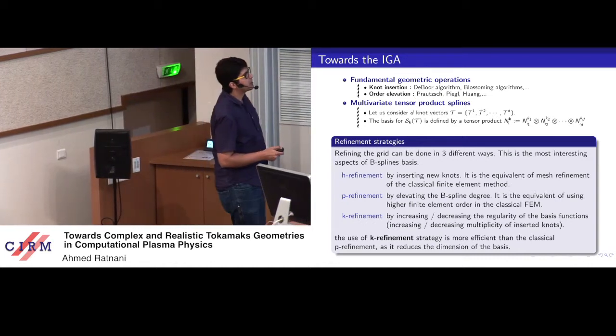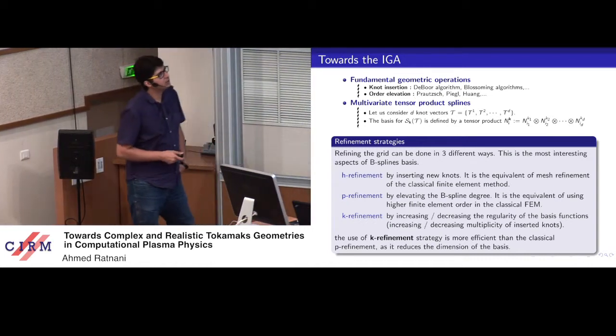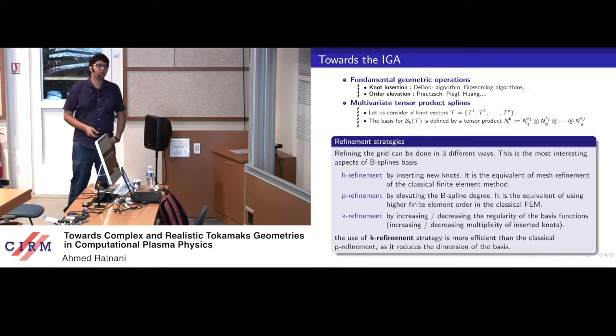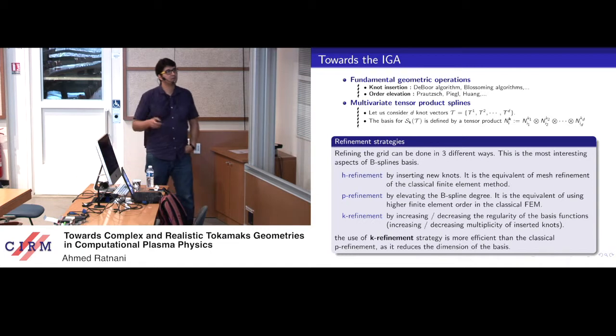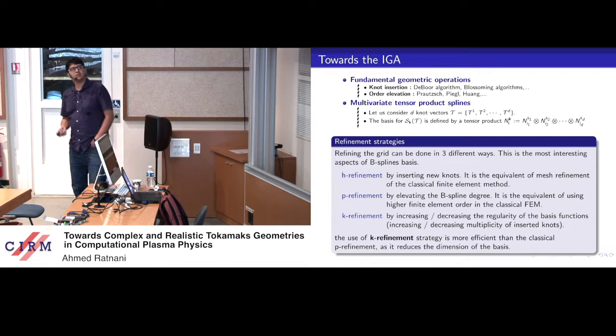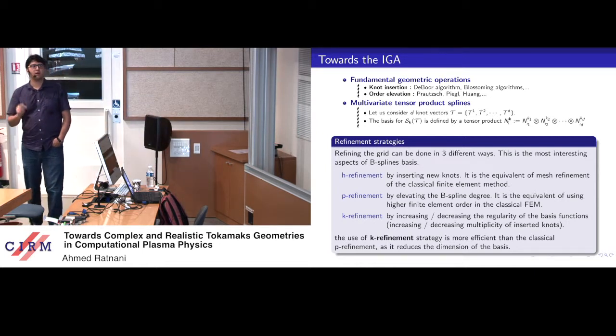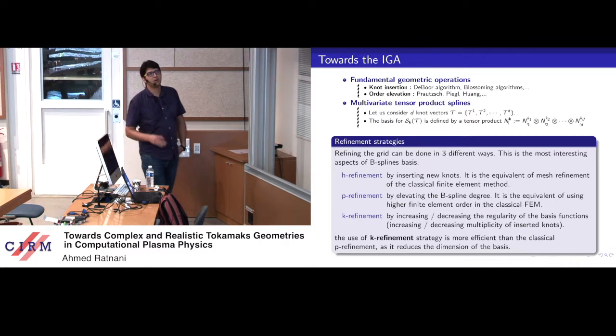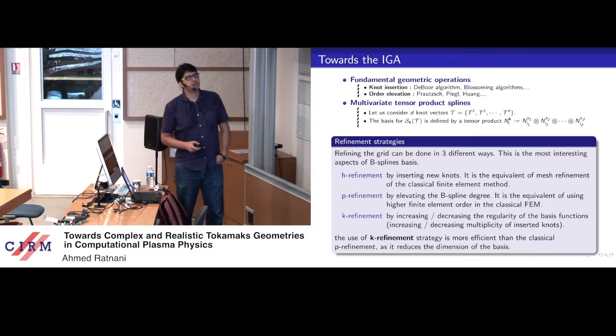You have also the p refinement by elevating the B-spline degree. So this is the same thing as using higher order finite elements in classical finite element codes. And then you have this new one, which is the k refinement by increasing or decreasing the multiplicity of our knots. Okay, so this will lead to a higher regular or lower regular basis function.